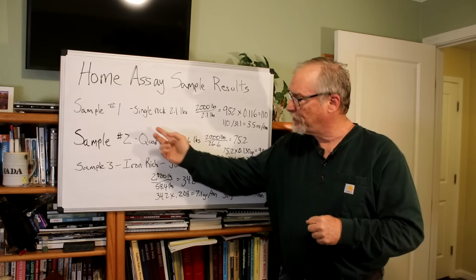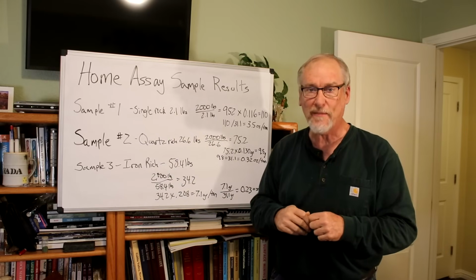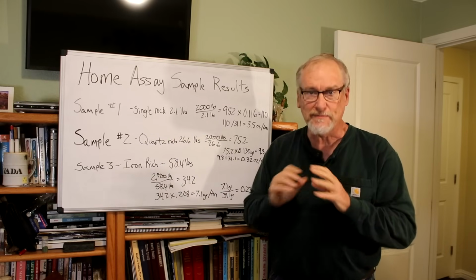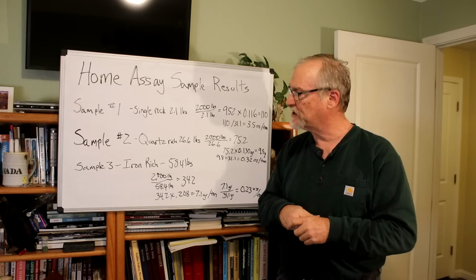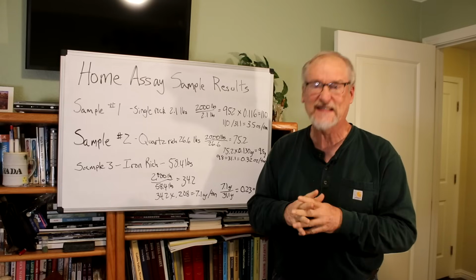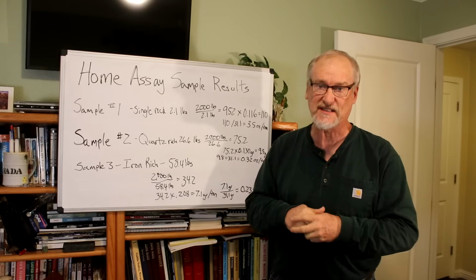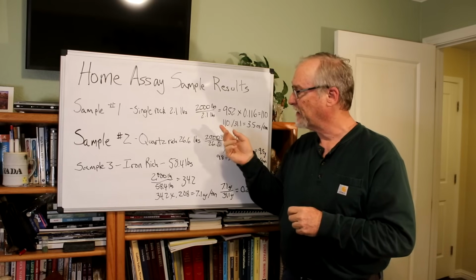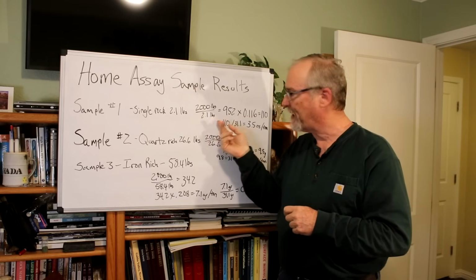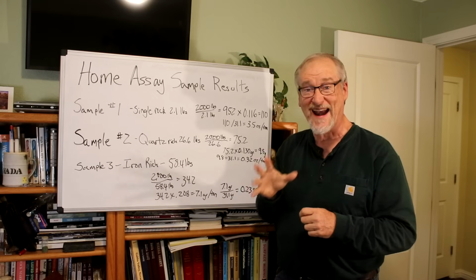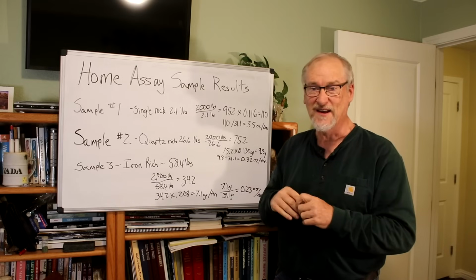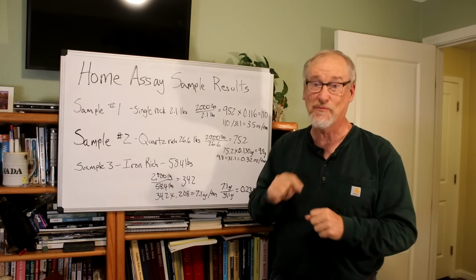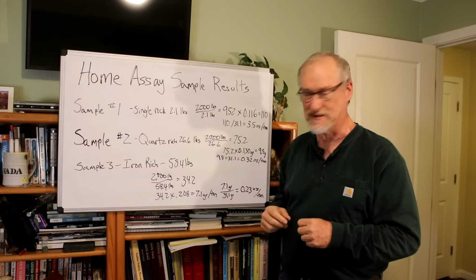So my first sample was a single rock that weighed 2.1 pounds, and it was metal detected in an old gold district. It gave off a very weak signal, but it did have a signal, okay? And the single rock, 2.1 pounds, is 1/952 of a ton. So in other words, 952 times 2.1 pounds equals 2,000 pounds.